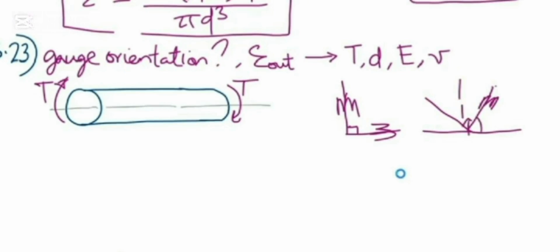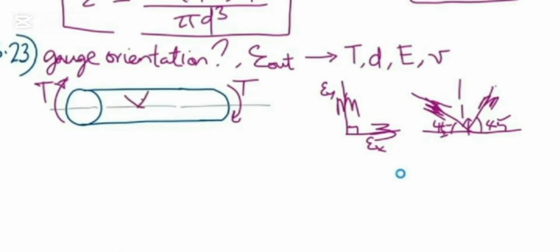Can you see? Here is 45. Here is 45. So we can convert the 2-element rectangular rosette to a shear. If you convert it to a shear, it means you are going to place it this way, because in this way it can be able to measure shear strain. So in this case, you have to apply it this way.